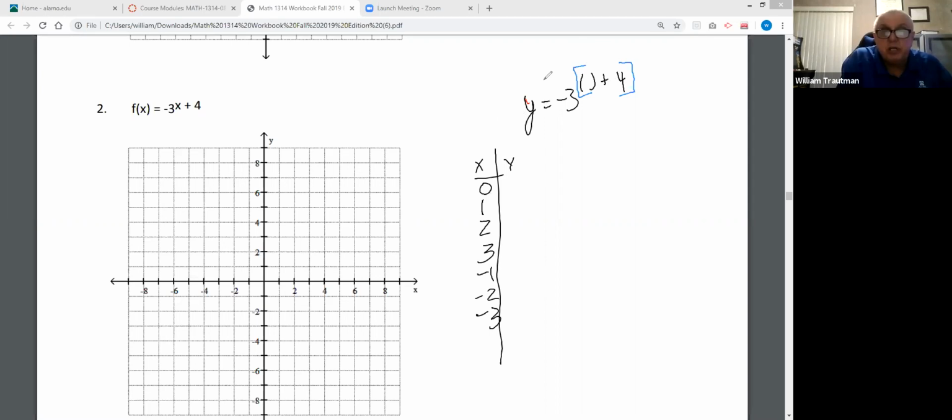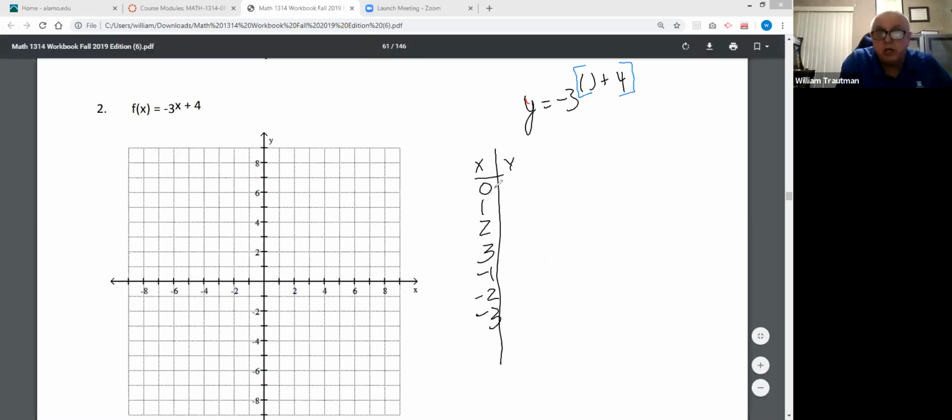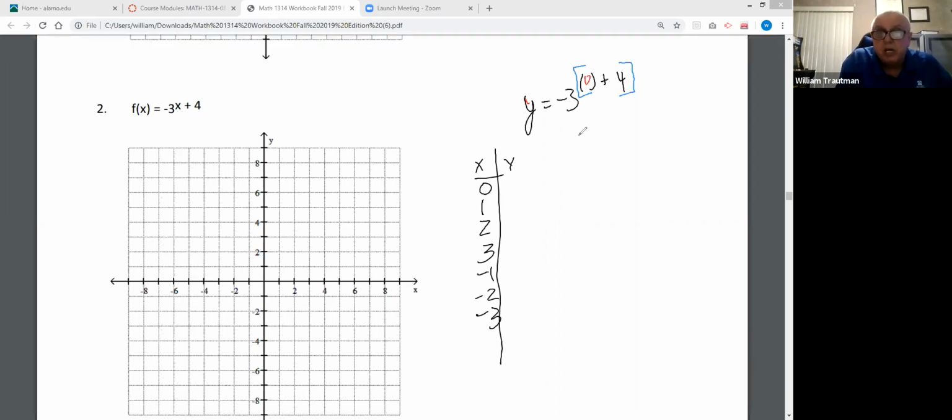If I put 0 into here, this becomes y equals -3 times 0 plus 4, which is 4. So -3 to the 4th power is a really small number. -3 raised to the 4th power.